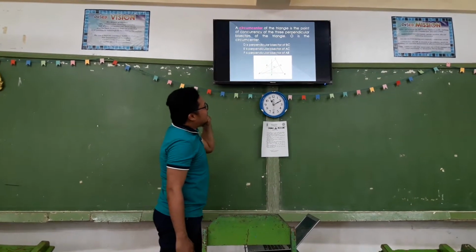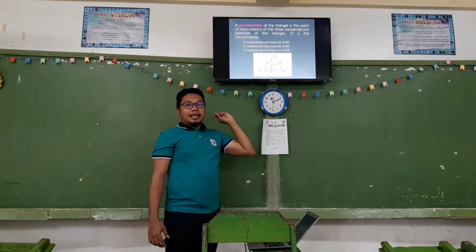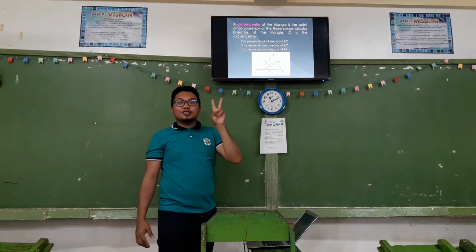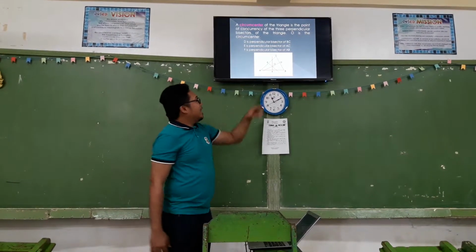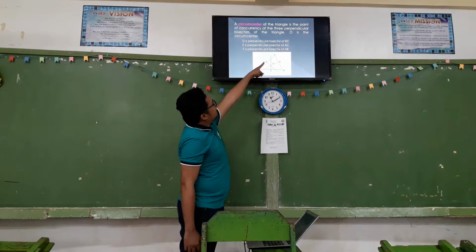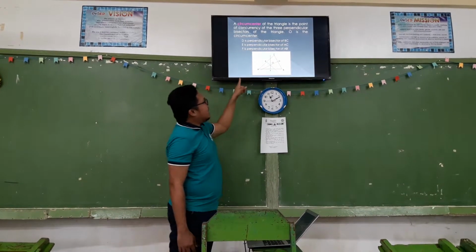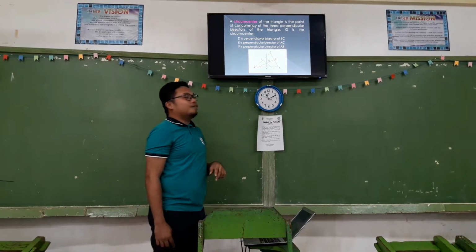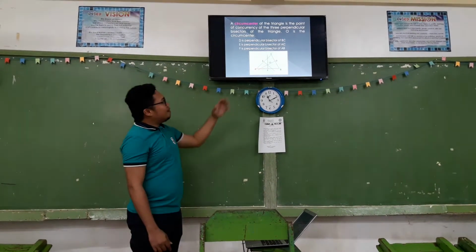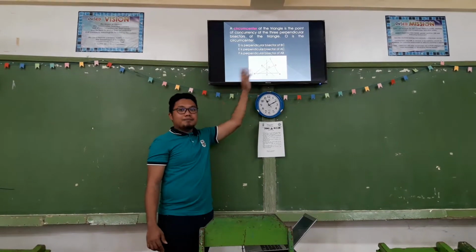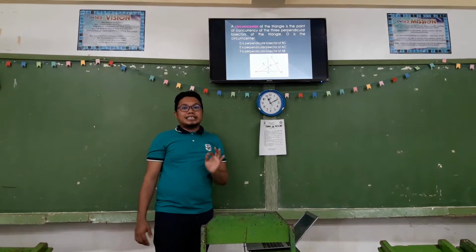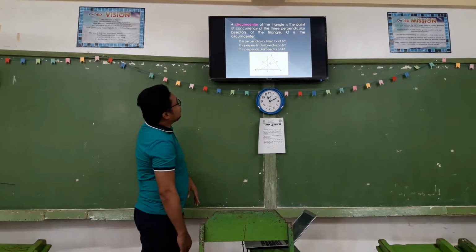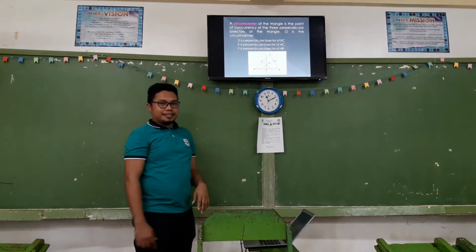Why is it called a perpendicular bisector? Because it is perpendicular to BC, and at the same time it divides BC into two equal parts. E is the perpendicular bisector of AC, and F is the perpendicular bisector of AB. The three perpendicular bisectors meet at one point, and that is called the circumcenter.